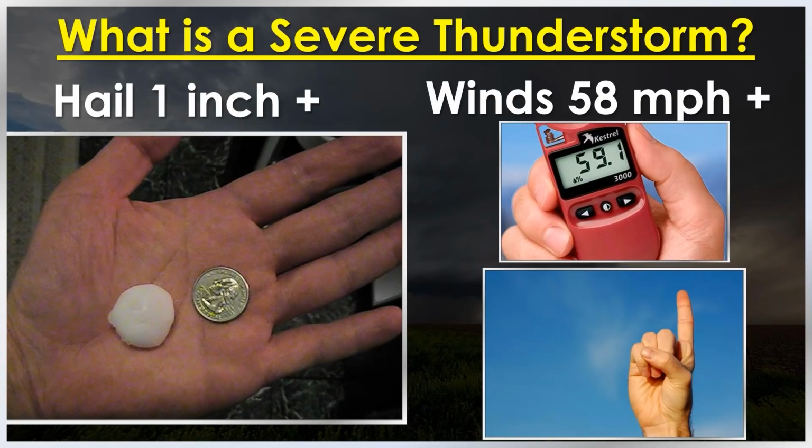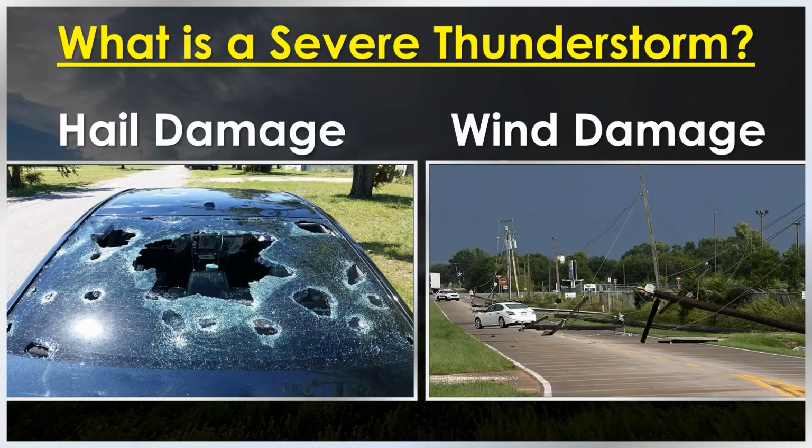There's a few people I know of that are wizards with this kind of stuff that actually do get fairly close, but more often than not, we see an overestimation. Having said winds 58 miles per hour, what to report, damage is also a category of severe thunderstorms. If anything gets knocked down by any sort of wind damage, it's definitely something important for you to relay back to us.